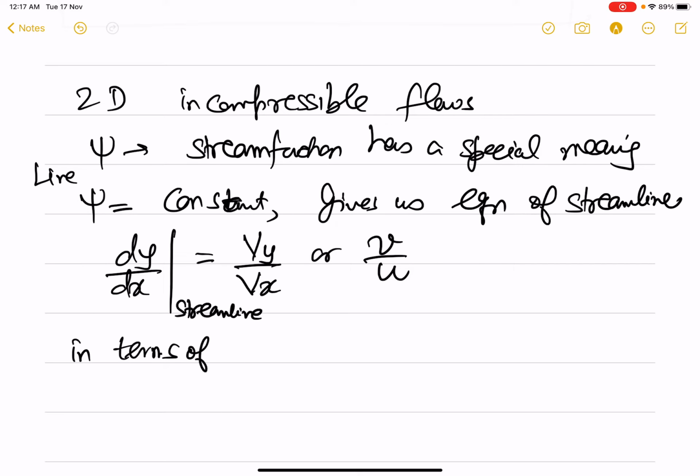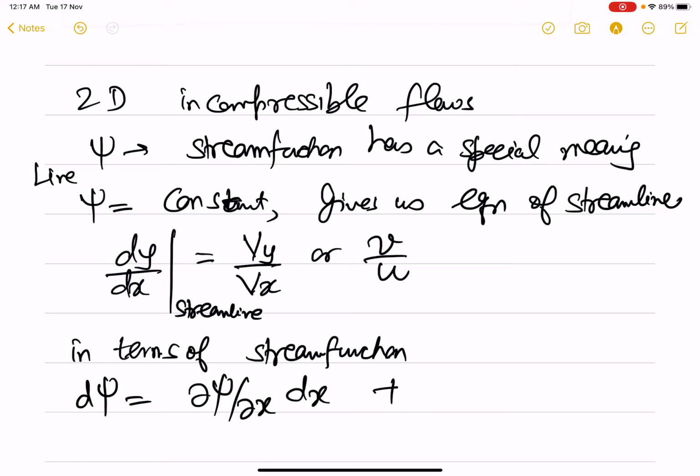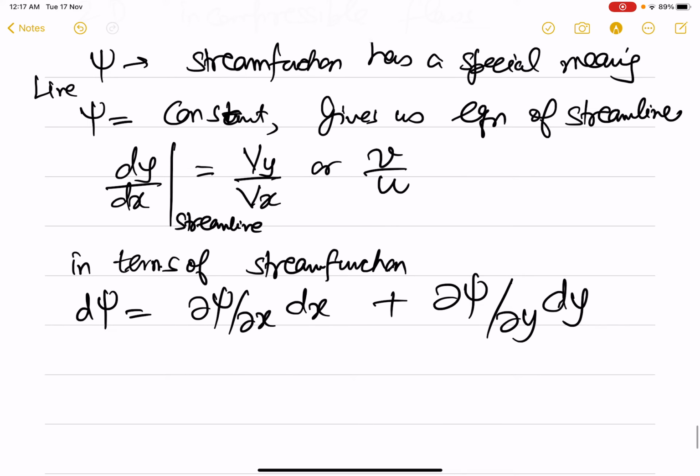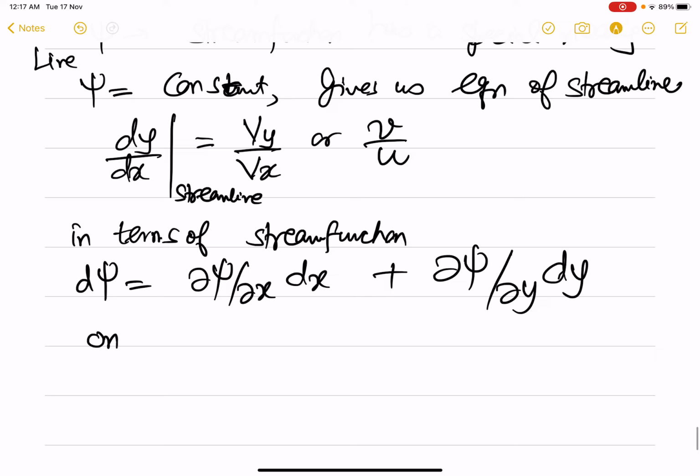In terms of stream function, a total change in psi we can write as partial psi by partial x dx plus partial psi by partial y dy. And on a line of constant psi, d psi is equal to 0.